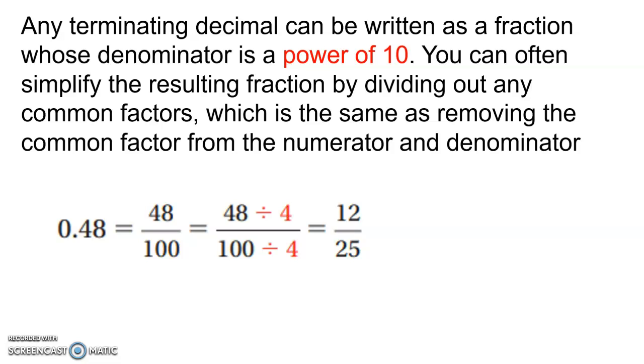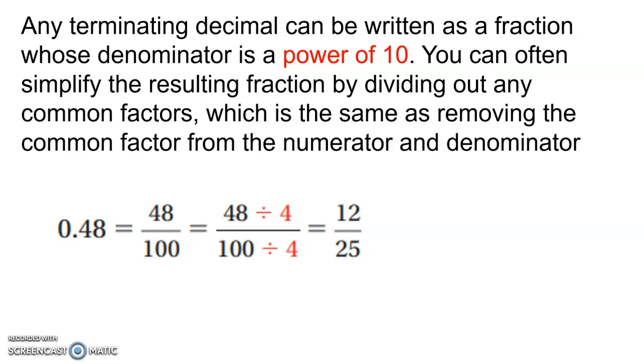So that means 10, 100, 1,000, something like that. You can often simplify the resulting fraction by dividing out any common factors, which is the same as removing a common factor from the numerator and denominator, so simplifying it.